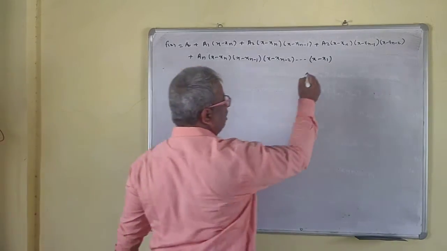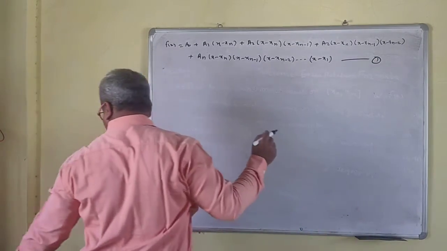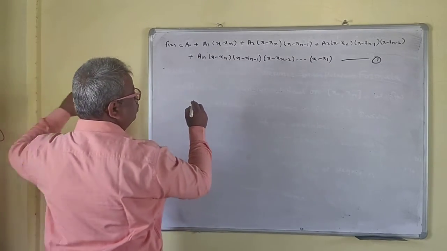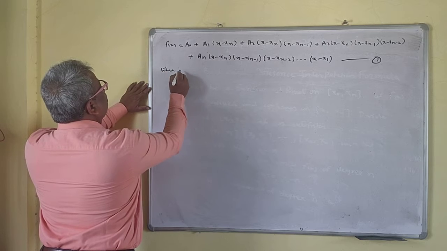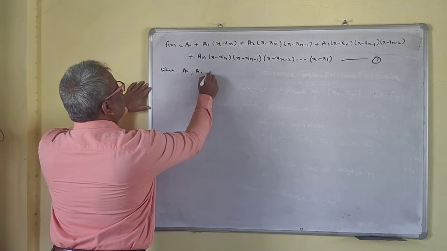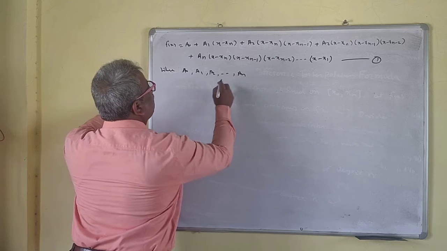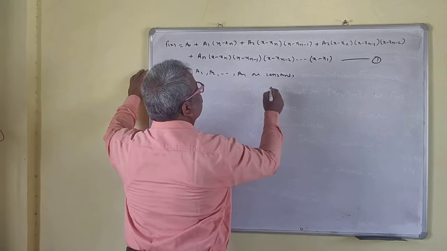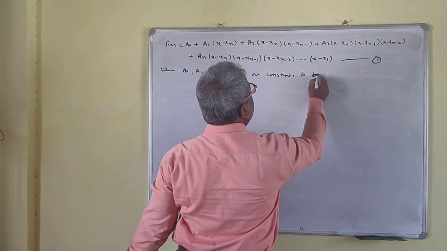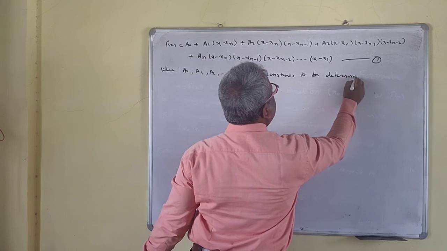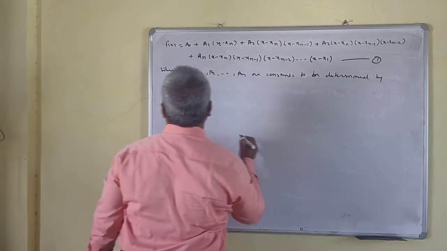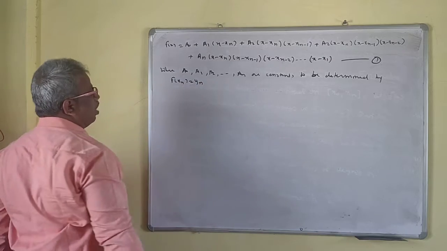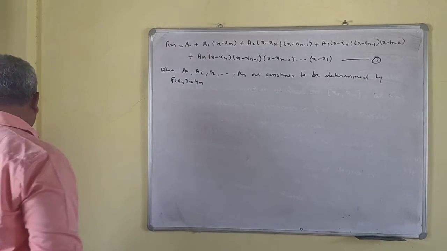We'll call this equation 1, where a0, a1, a2, up to an are constants to be determined by the condition f of xi is equal to yi.